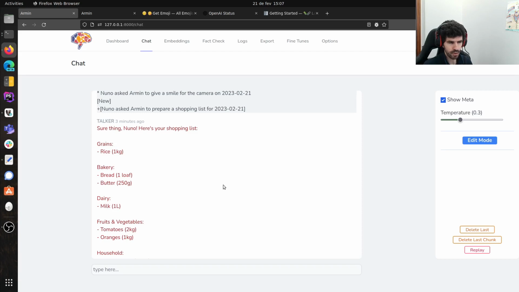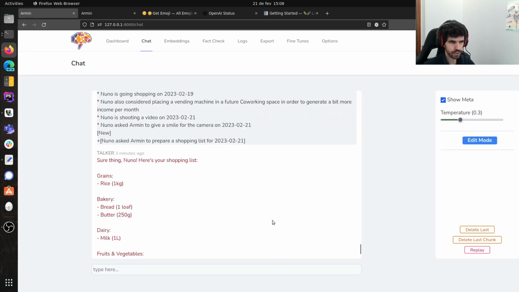Initially, it's in the memory, and the memory is part of the prompt, so in a way, it is in the prompt. But after I do this so many times, that behavior becomes part of the fine-tuning. And so later, even if that memory is removed, or if for some reason it's not selected, and I say, here's my shopping list, it's probably going to figure out exactly what to do, because it becomes a natural process, so to speak.